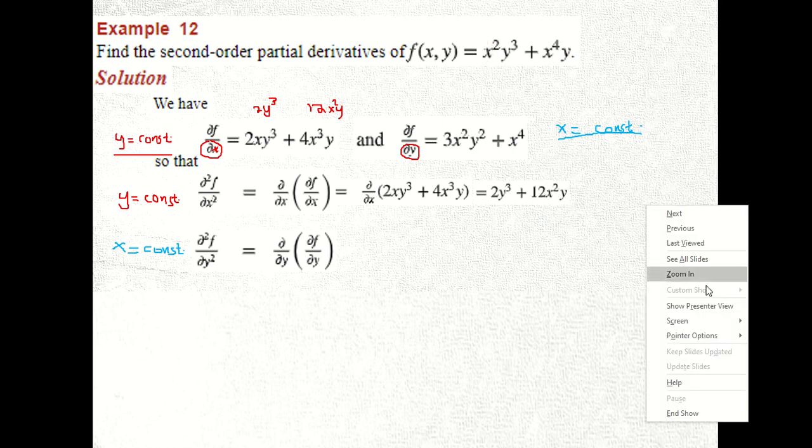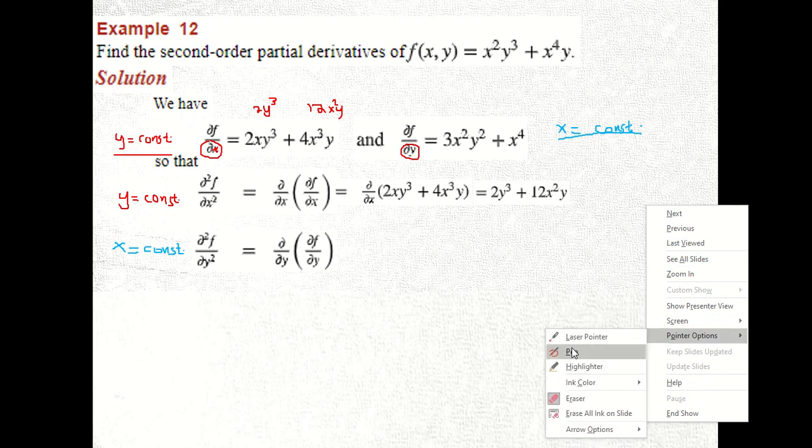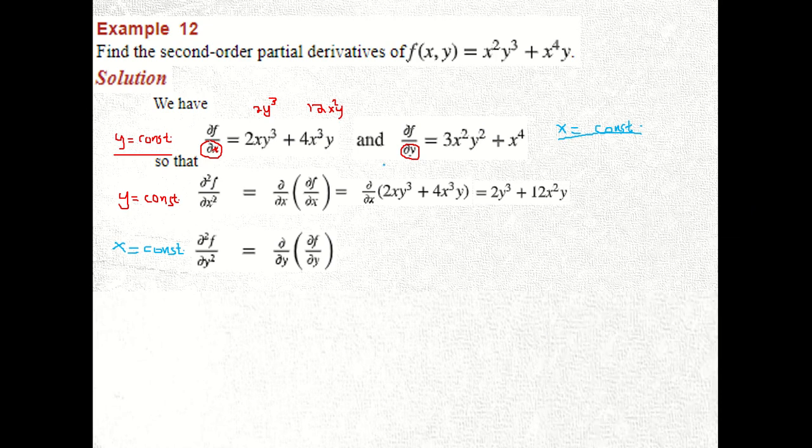Looking at the original expression, by the way, we got this already, no? Just to review it, first we have to look at why it becomes like this. We hold x as constant, so we're differentiating with respect to y.